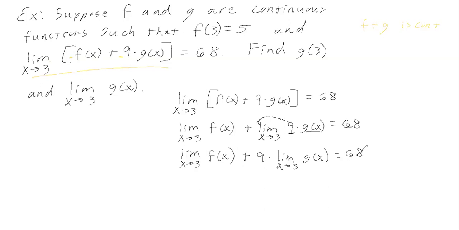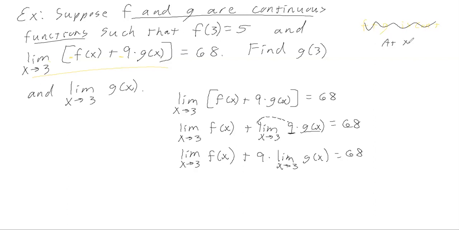I guess technically I'm not even using this right here. But let me use the fact that f and g are continuous functions. They tell me that f and g are continuous functions. So what does that mean? Okay, let's see what that means.